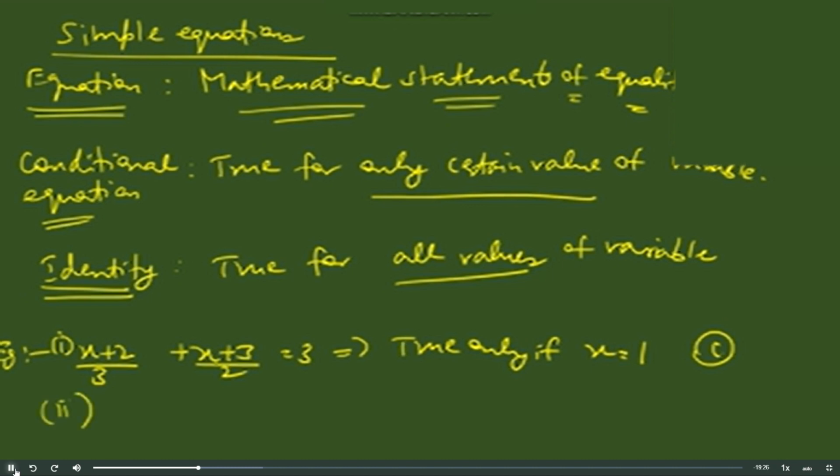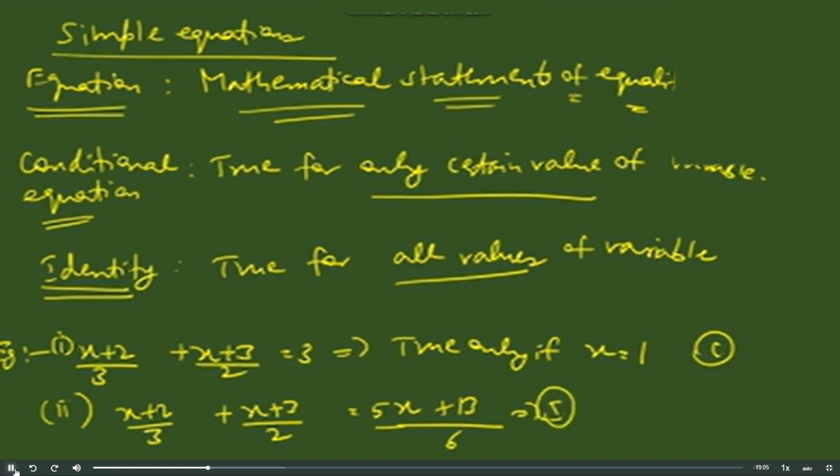But look at this equation: (x+2)/3 + (x+3)/2 = (5x+13)/6. This is true for all values of x. This is called an identity. So it is true for all values of x.